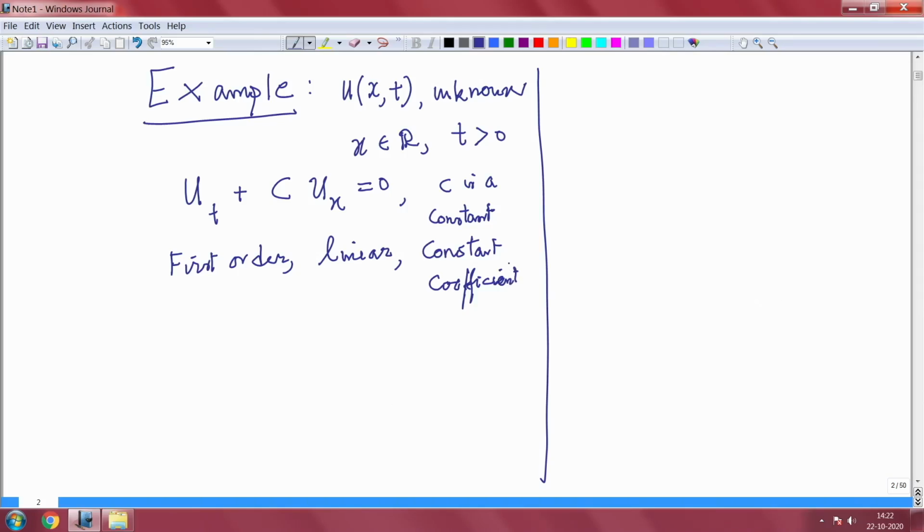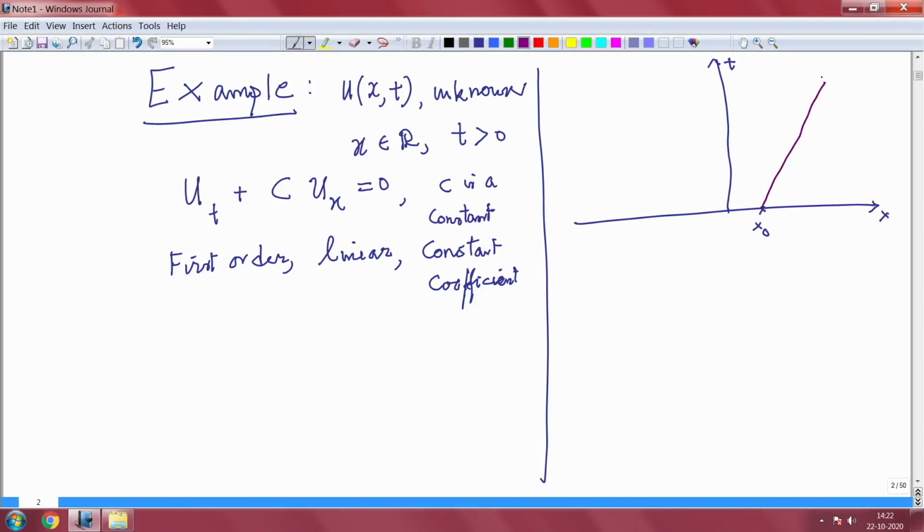You may have many questions after solving this problem. The problem is in the upper half plane. This is your x, and this is the t variable. What I am going to do is introduce a curve. I take a point here, x naught, and through that point I will draw a line.